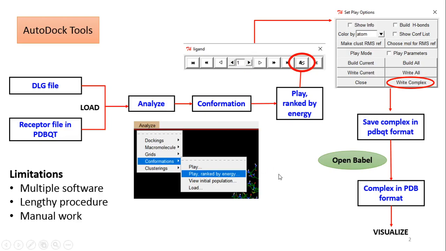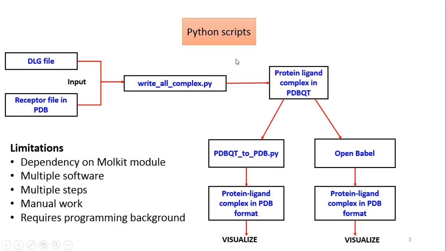Another, or third most popular workflow that is generally used in post processing involves two scripts that can be downloaded from the MGL Laboratories GitHub page. There is a Python file called write_all_complex.py. You can download this Python file from the GitHub page of MGL Laboratories. What this Python file does is that it takes as input the docking log file and the receptor file in PDB format, and it generates the protein ligand complex in PDBQT format.